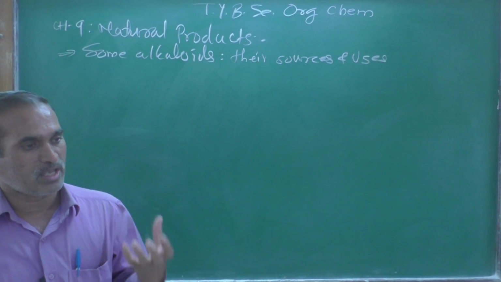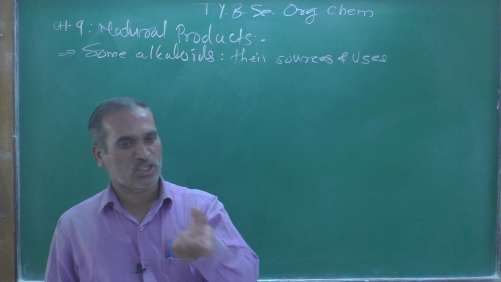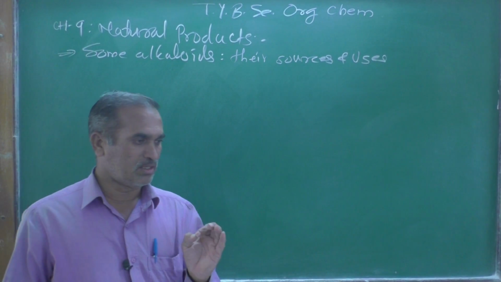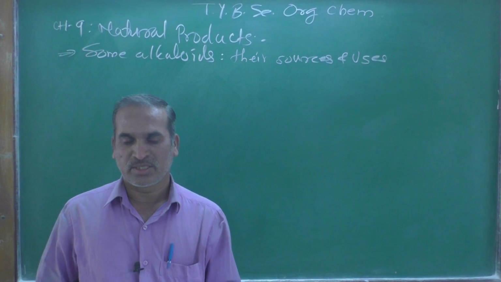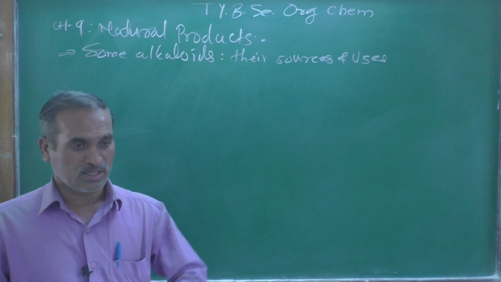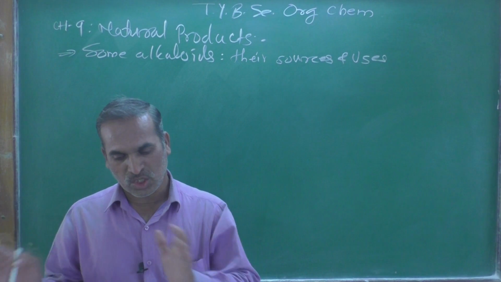In the properties we have seen that alkaloids show physiological action, and when used in a small amount, they act as a medicine. That is the main property of alkaloids.